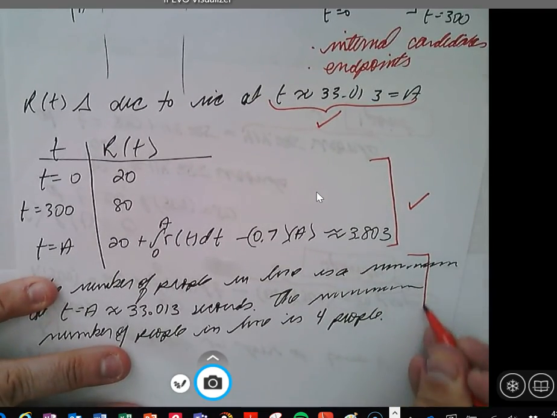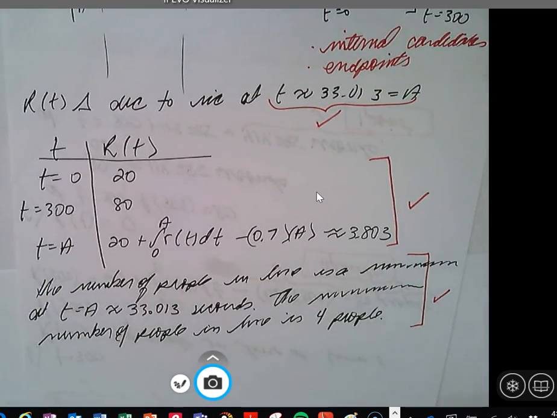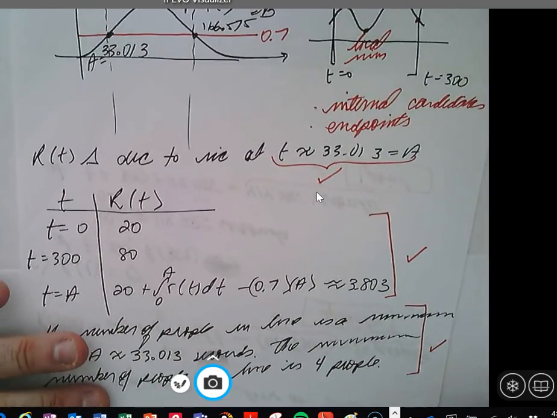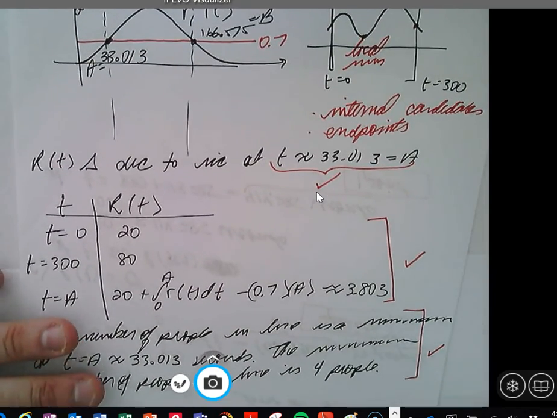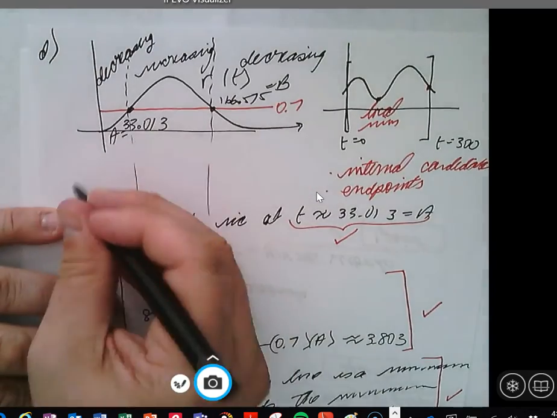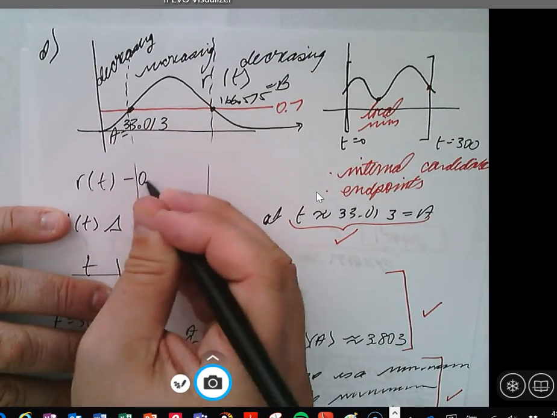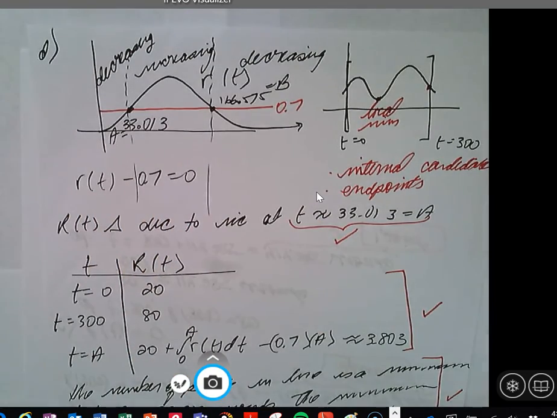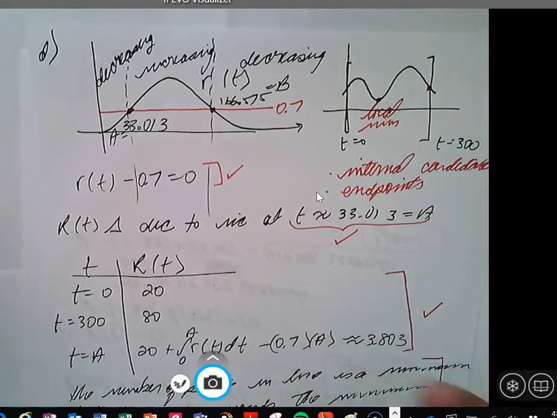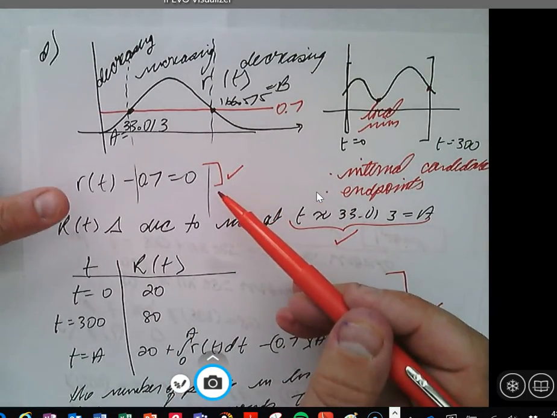There's 1 point for your final answer, and then there's a 4th point where they say it's for considering where r of t minus 0.7 is equal to 0. We didn't actually do this step.